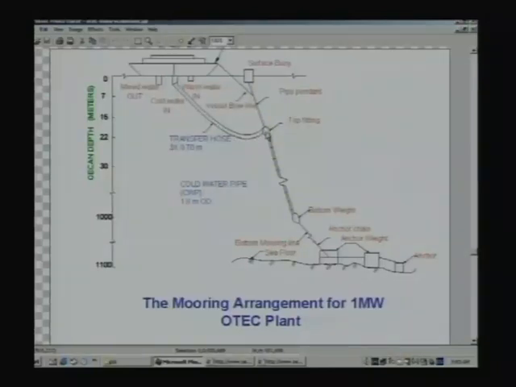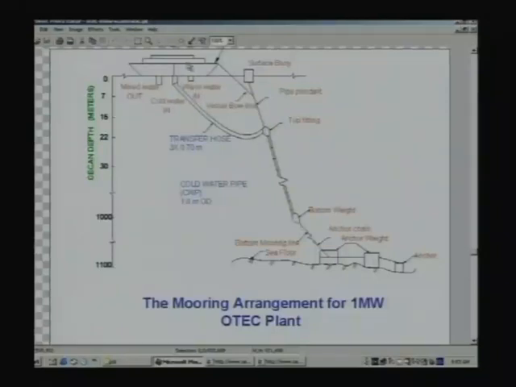From here the cold water pipe goes further down to a depth of about 1000 meters, and this is again tied to the anchors. These are the anchor weights to which this end of the cold water pipe is tied, so that it cannot just drift.